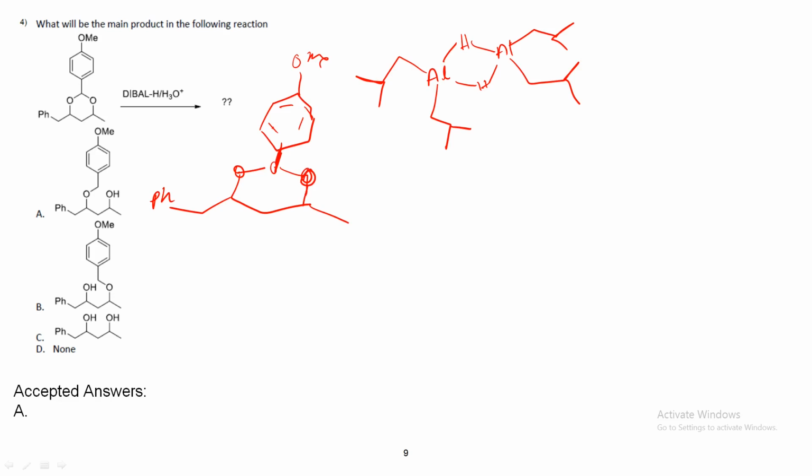So now it would have some regioselectivity issues, whether it should react with this oxygen center or that oxygen center. As DIBAL is used, you can always remember DIBAL would attack the side where the steric hindrance is lesser, because it is bulky.